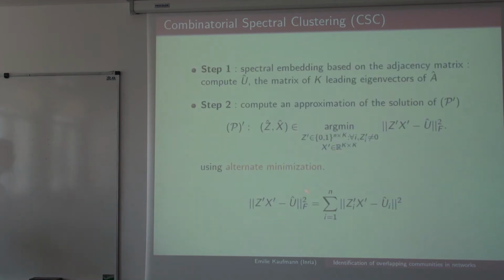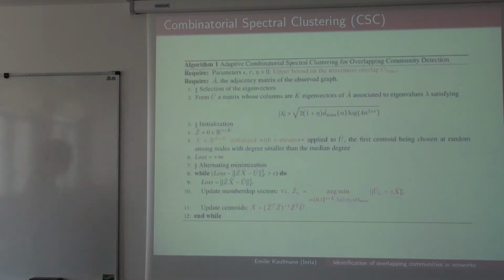For an alternate minimization algorithm, we know that we are going to converge in a fixed number of steps, because each time we diminish the objective to a local minimum of this objective function. But what we are looking for is the global minimum, and so we have to be careful about where we initialize our Z and X.